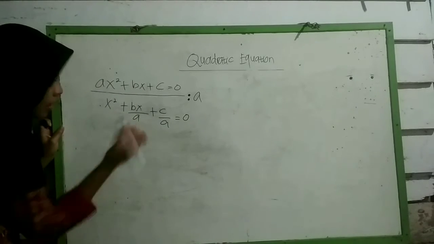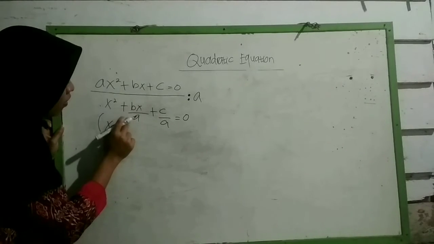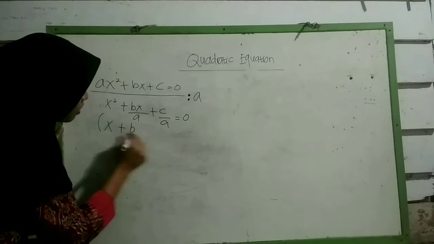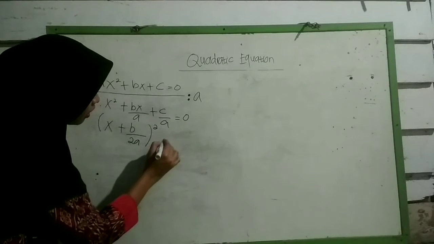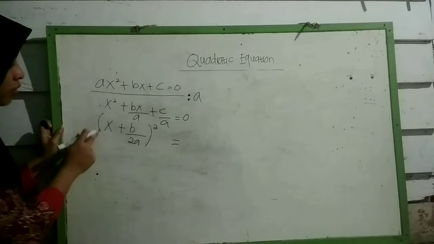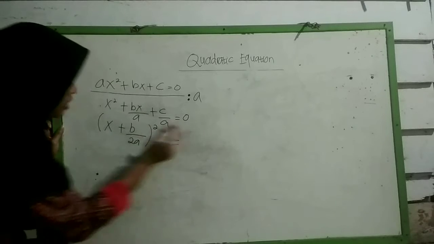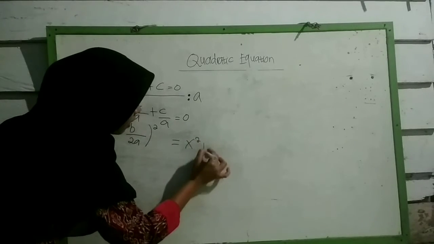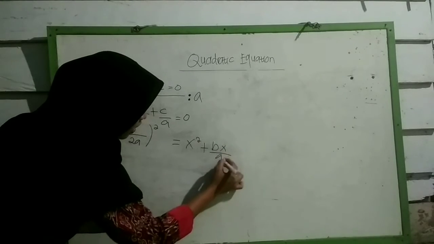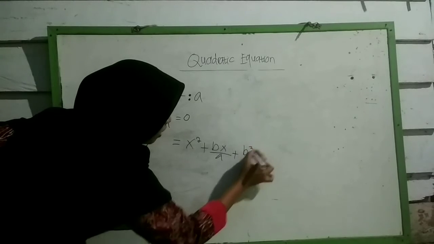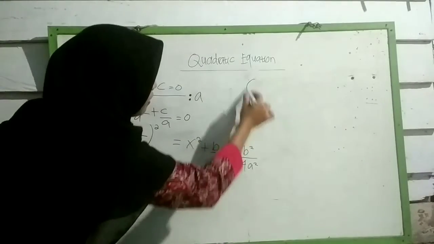And it's going to be x plus half of bx over a, that is plus b over 2a, squared. If you expand, x plus b over 2a squared is x squared plus bx over a plus b squared over 4a squared.